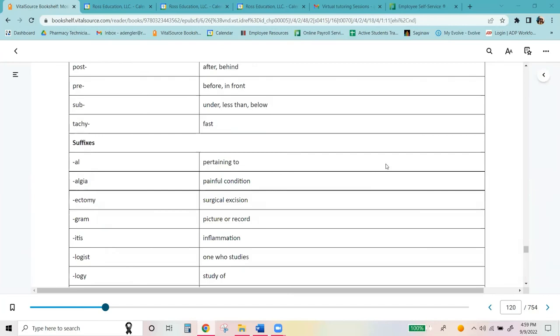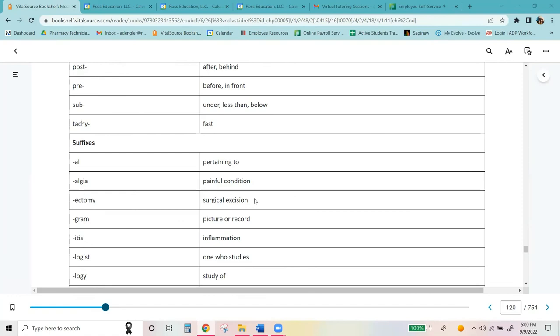Then some examples of suffixes. Pertaining to is AL. And then we have, for example, LOGY, the study of, like psychology, pharmacology, sociology.